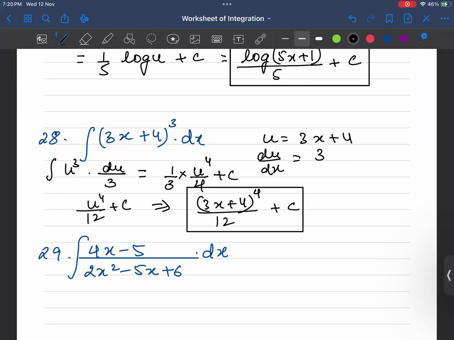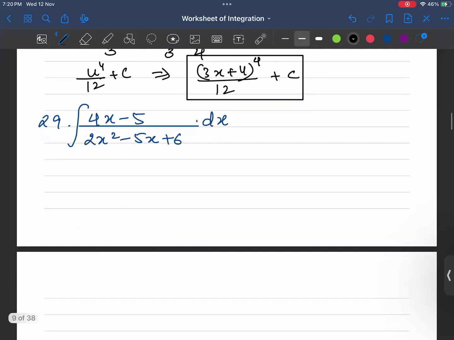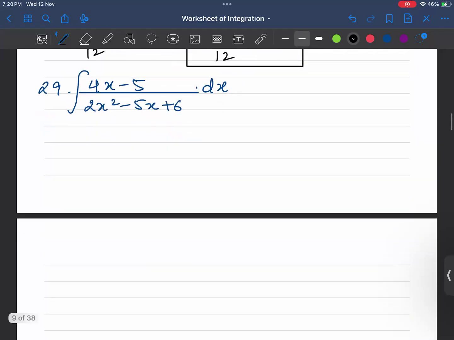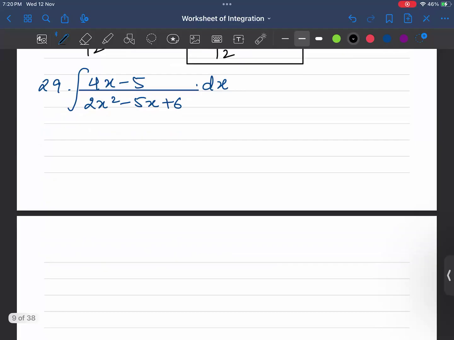I think it's clear. And all the questions of substitution are of the same type. Let's come to the integral of 4x minus 5 upon 2x squared minus 5x plus 6 dx. We can make it out if I write u equals 2x squared minus 5x plus 6, and I differentiate it with respect to x. It will be 4x minus 5 plus 0, right?